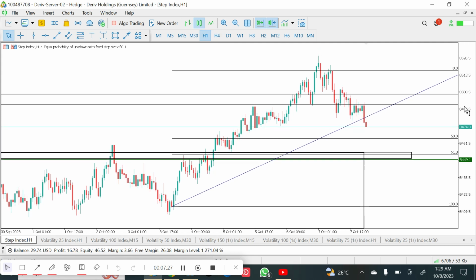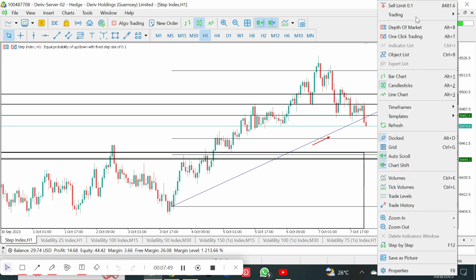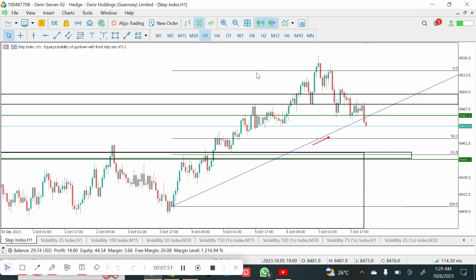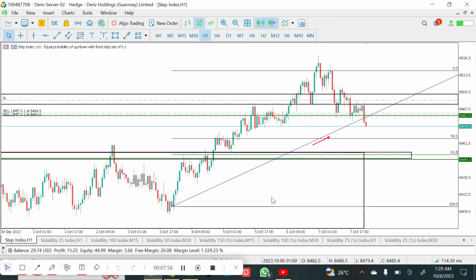Going down to the 1 hour, you can see that if you want to join the counter trade sells, we can join from here, this area which got broken. We can join from here, put our stop loss right at the top, and our take profit right here. So I'm going to join this sell right here. I'm going to set my pending order. Okay, let me see. It seems I already have that. Okay, I have my pending orders.